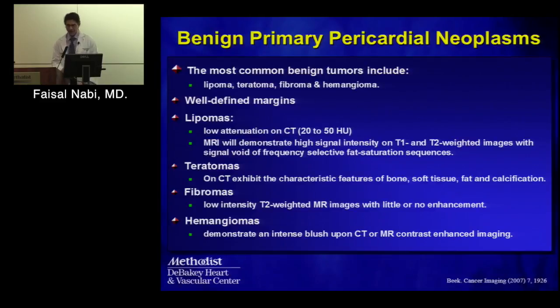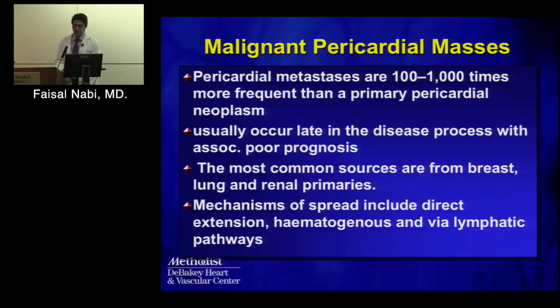And then, as with any cardiac or pericardial tumor, benign tumors include lipomas, teratomas, and fibromas. We can help identify those.